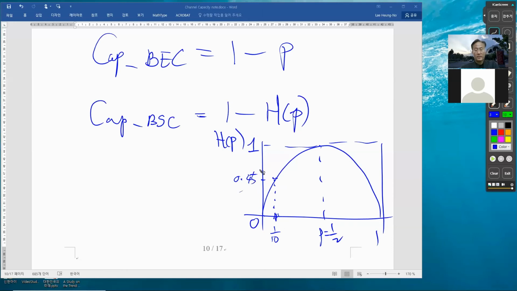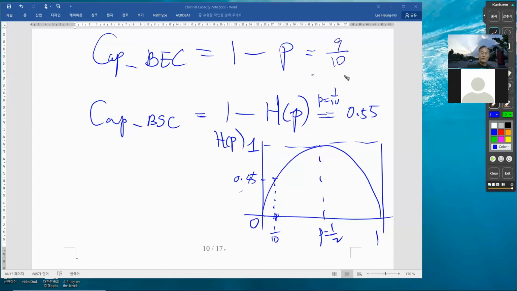So 1 minus H(p) is around 0.55. What about the erasure channel? This is 1 minus 1 over 10, so this is 9 over 10.